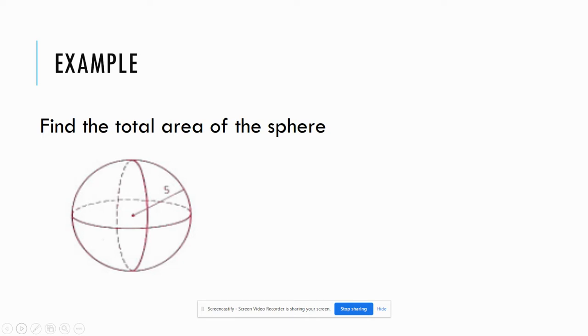So if I'm asking for us to find the total area of the sphere, well, once again, total surface area is 4 times pi times the radius squared. And notice that in this particular problem, they are right away giving us what the radius is. So all I have to do is take 4 times pi times 5 squared.